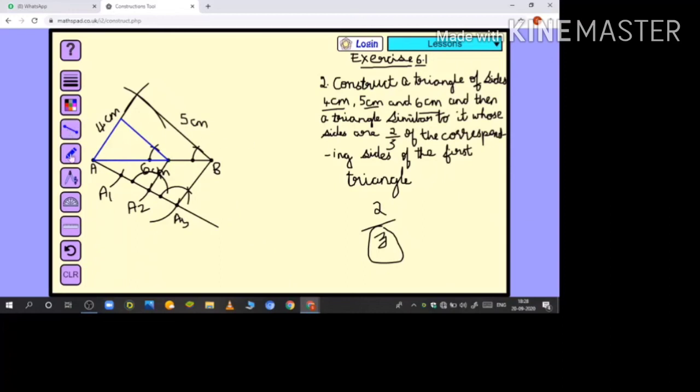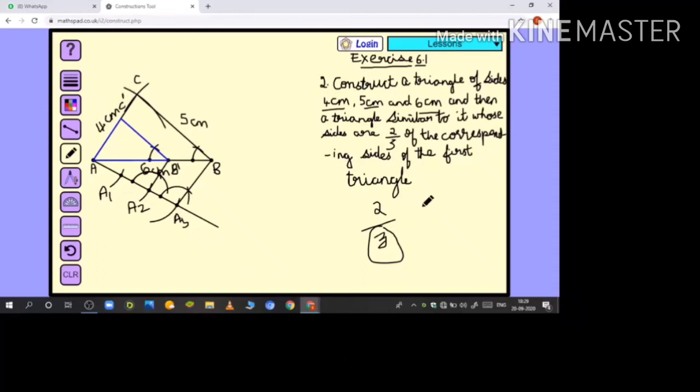Naming is not done there, so just name the point B dash here and C dash on AC.